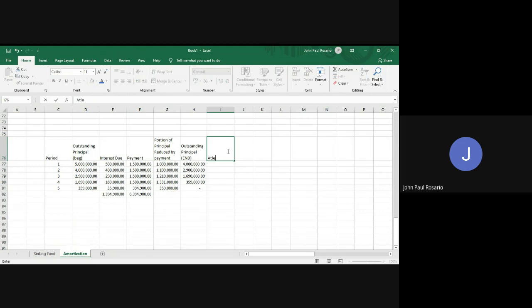Alternative solution: the outstanding principal is like this one minus this one. So we can simply do this: take the outstanding principal, add the interest due, and deduct the payment, which should equal the outstanding principal end. Okay, so that's just an alternative solution.